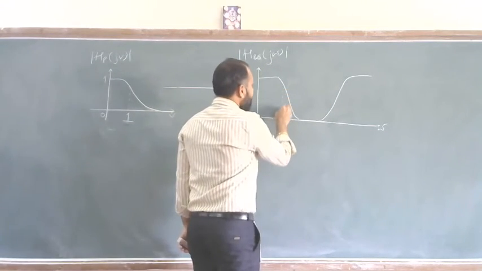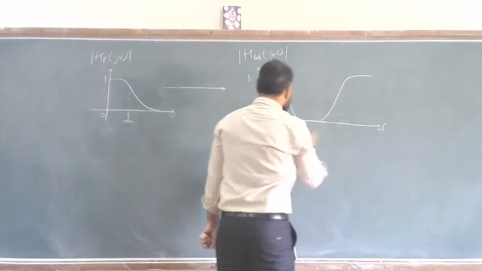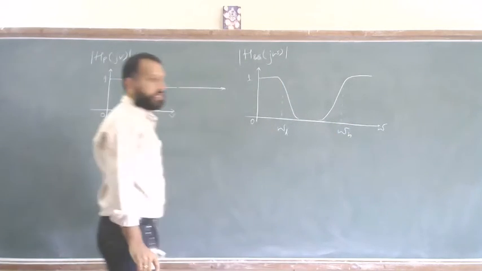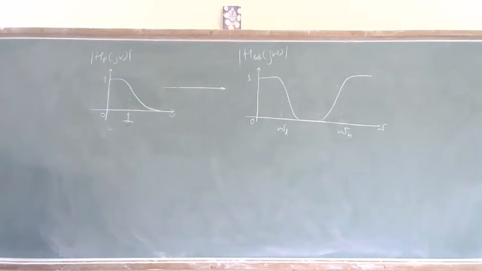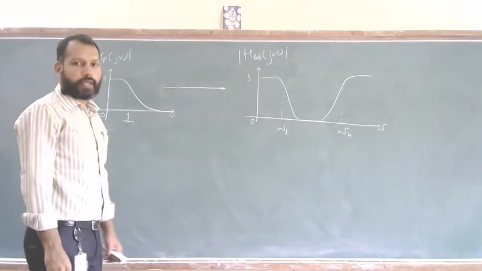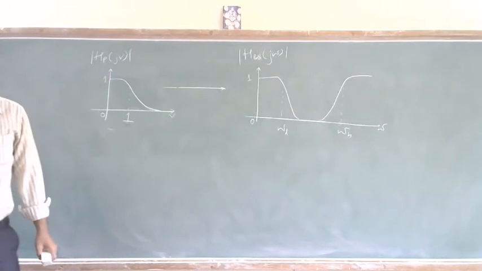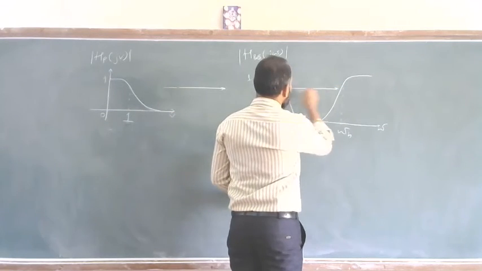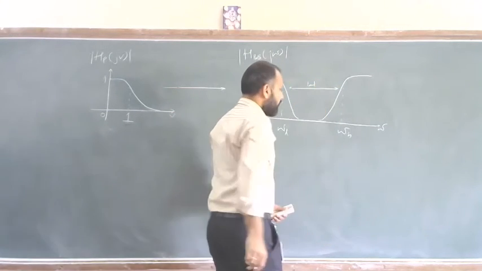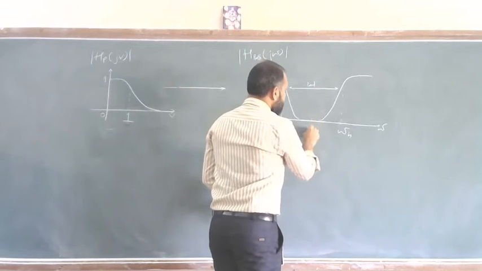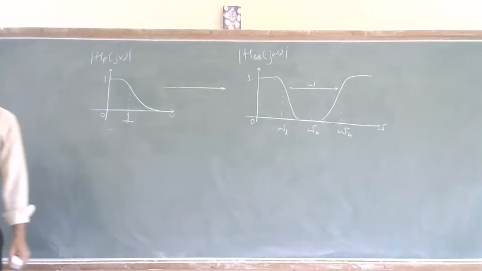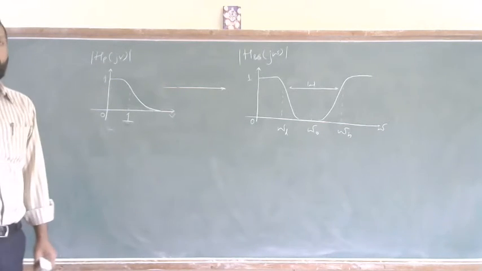Here also we'll have two frequencies, the lower cutoff frequency and the higher cutoff frequency, designated by omega L and omega H. The bandwidth will be capital W, and the geometric center of that bandwidth will be denoted by omega 0 again.